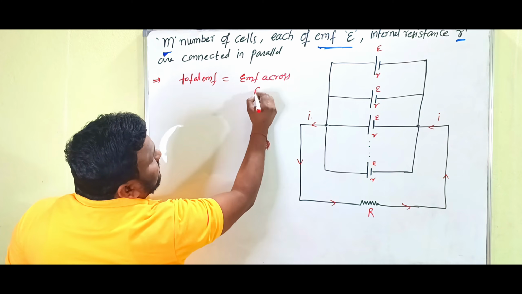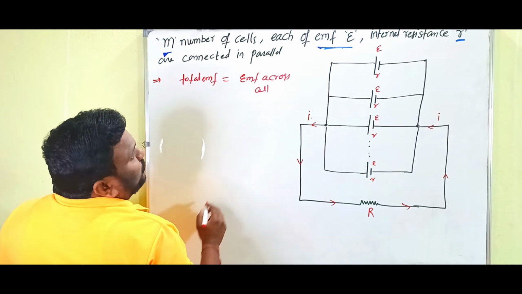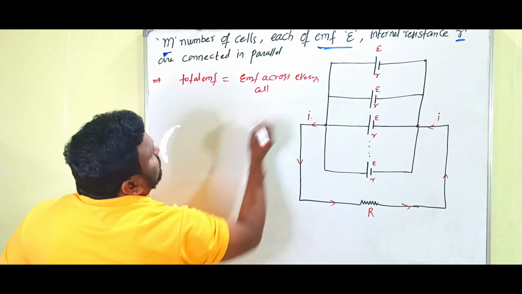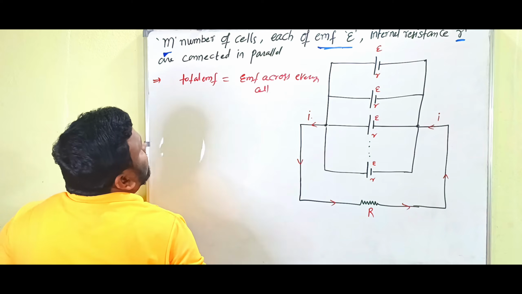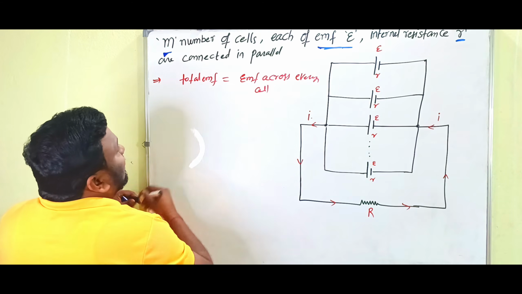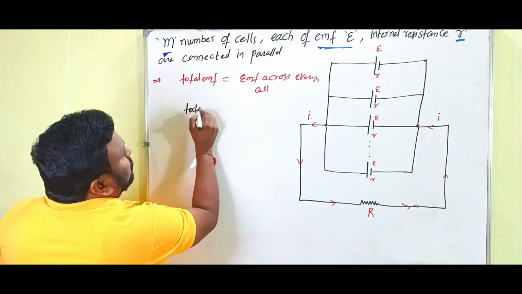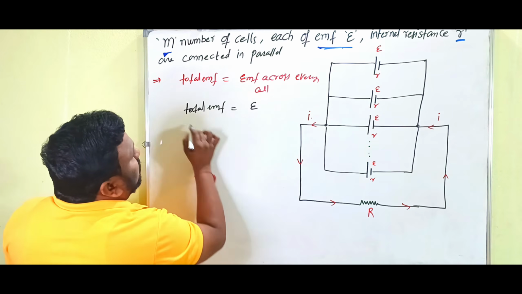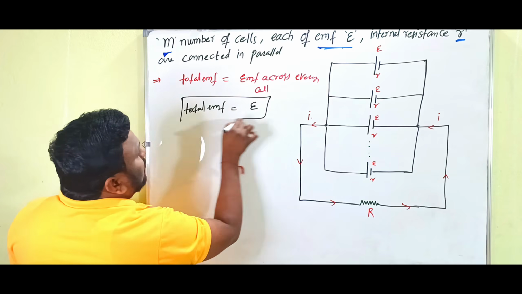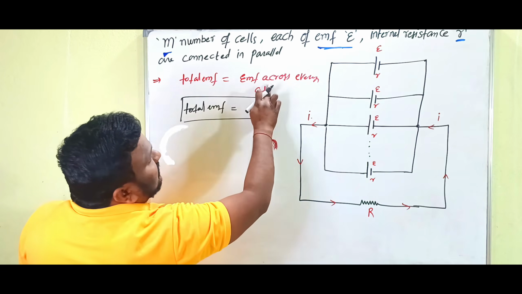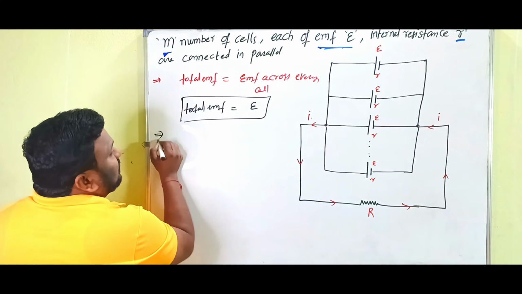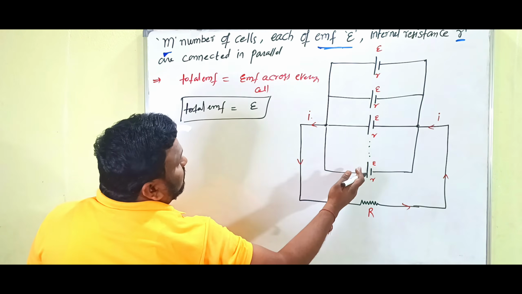So total EMF is equal to epsilon, because the EMF across every cell is epsilon. In the same manner, all the cells are given in parallel.